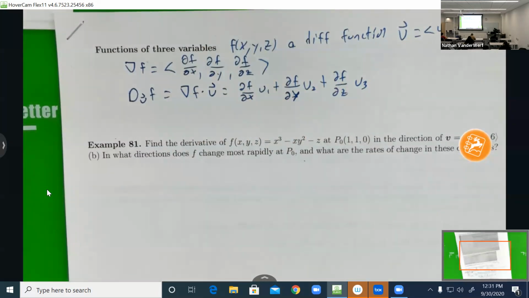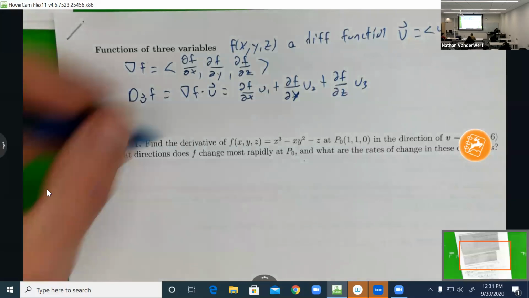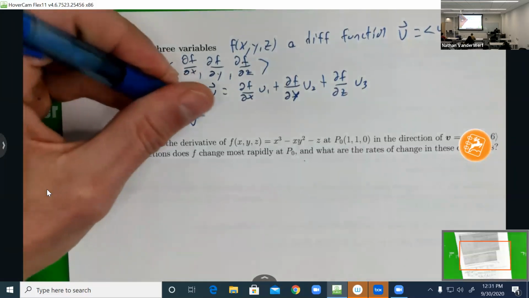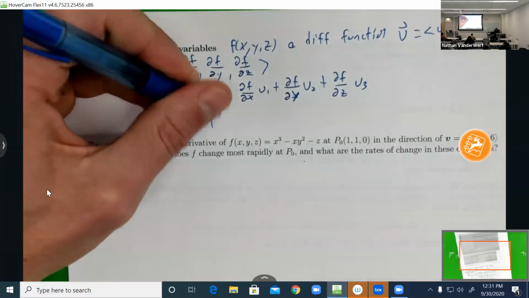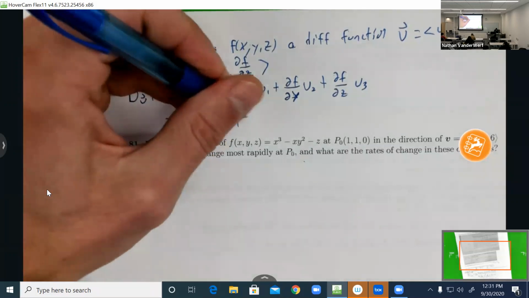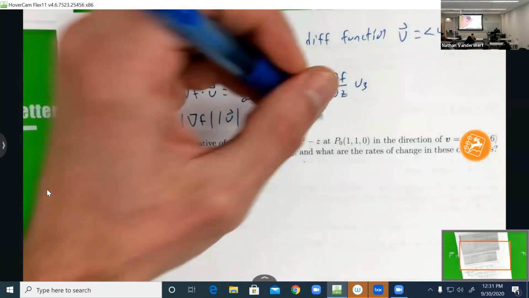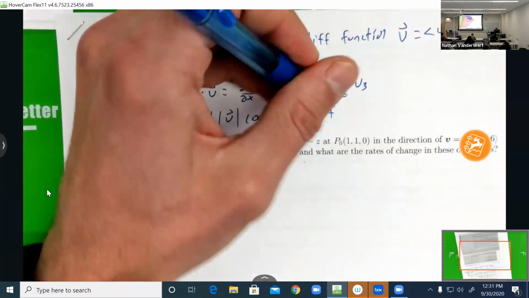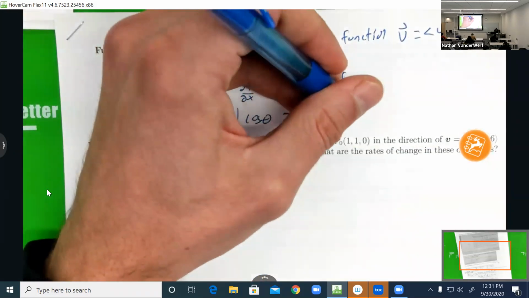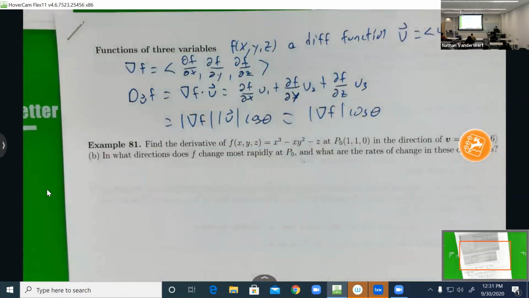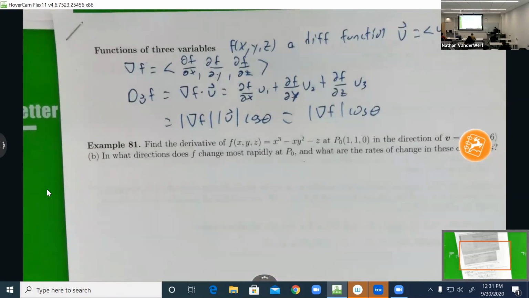We could also write this as the magnitude of the gradient of f, the magnitude of u, cosine theta, but u is a unit vector. So this is just the magnitude of the gradient of f times cosine theta, since u is a unit vector.